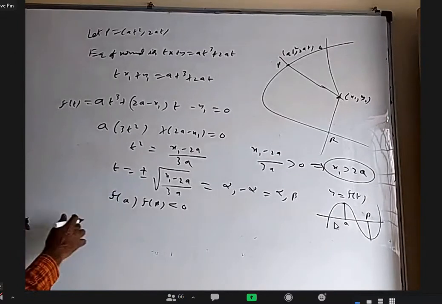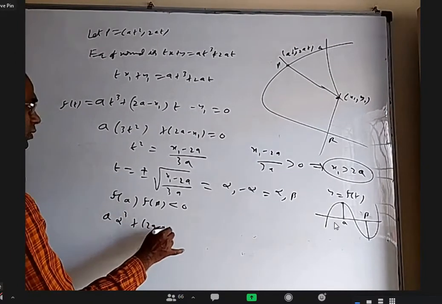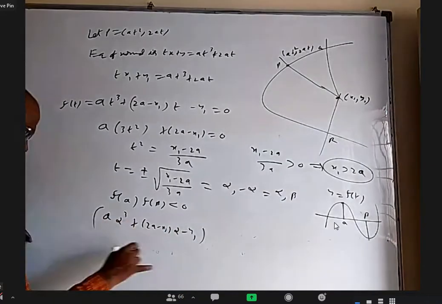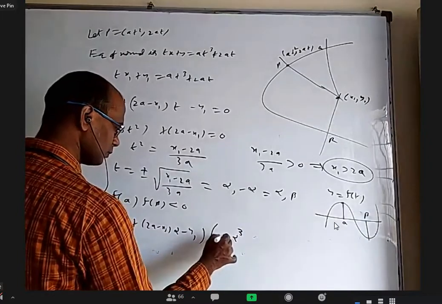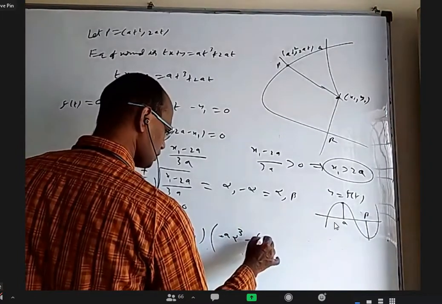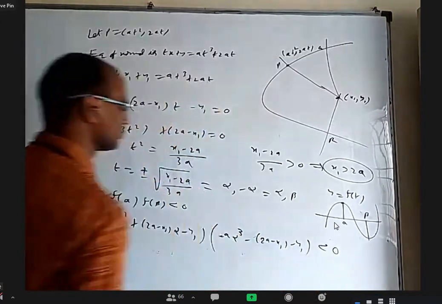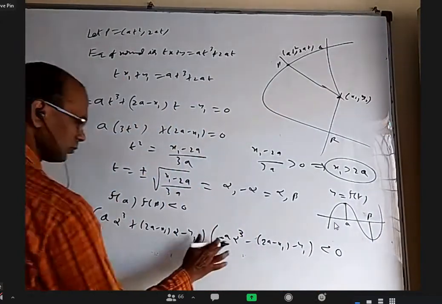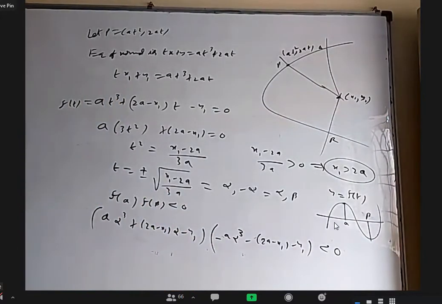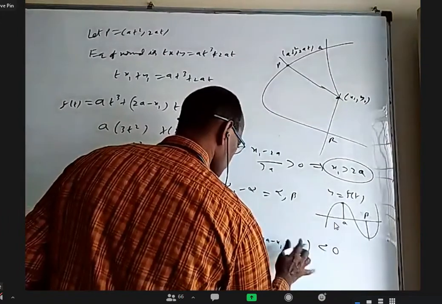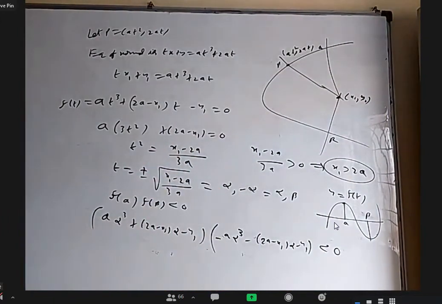So I will put alpha, a alpha cube plus 2a minus x1 into alpha minus y1. In the place of beta, I can put minus alpha. So minus a alpha cube minus 2a minus x1 minus y1 less than 0. In the place of alpha, I have to substitute this; I'll substitute a little later. It is in the form of a minus b into a plus b.